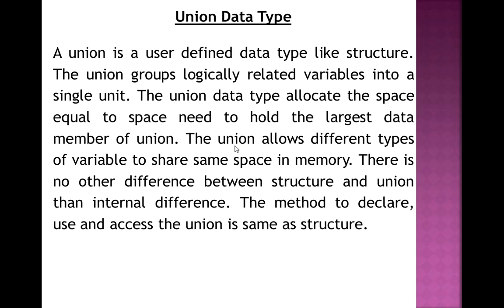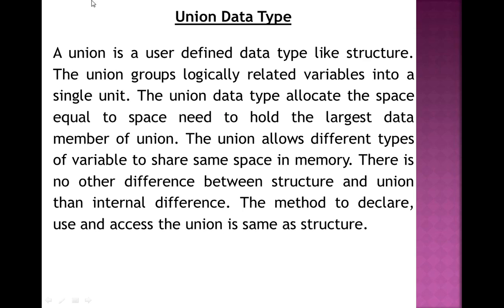Suppose I am using int, float, and double. The highest one is double, which takes 8 bytes, so the memory is 8 bytes. That includes the int, the float, and the double. On the other hand, a structure uses different memory for int, different memory for double, and different memory for float.